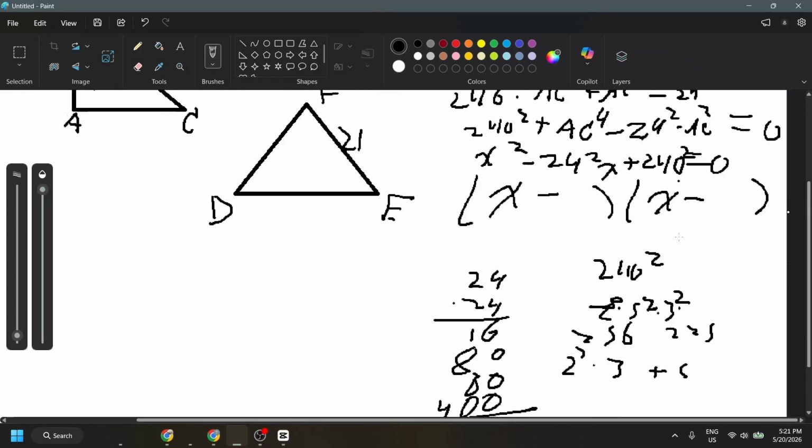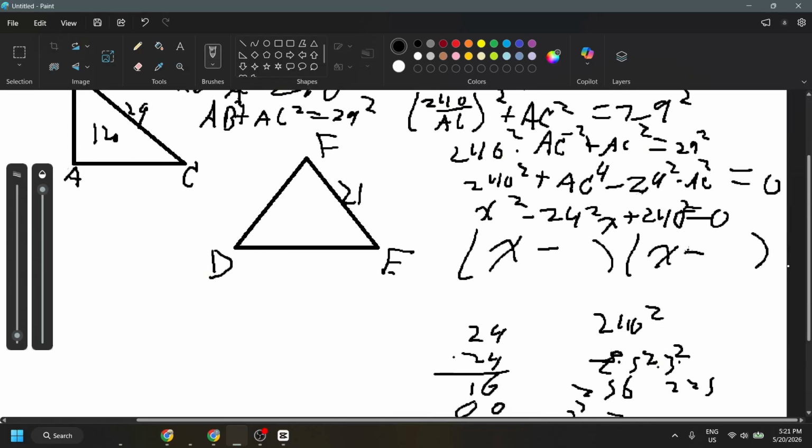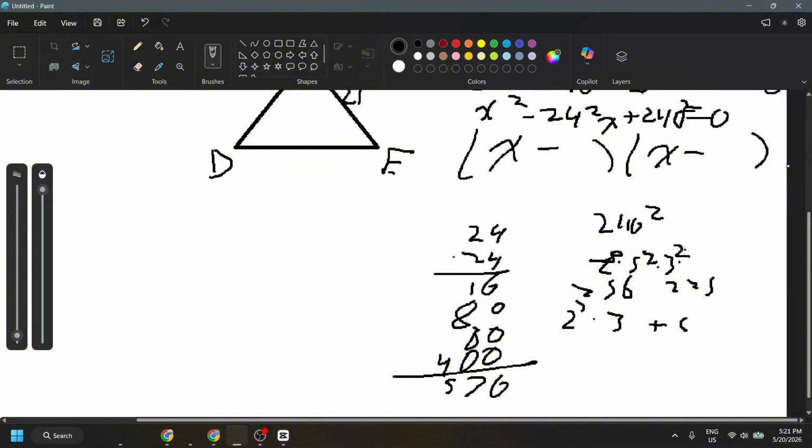So two things that add up to 576 that multiply to 240 squared. Okay, so for 240 squared, we have 256 and 225, that would give us 481.